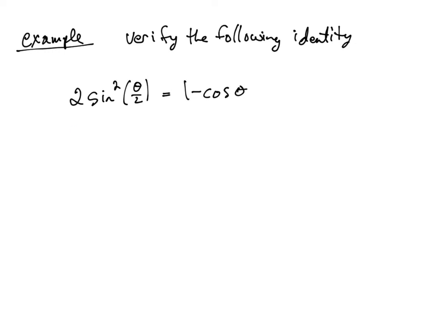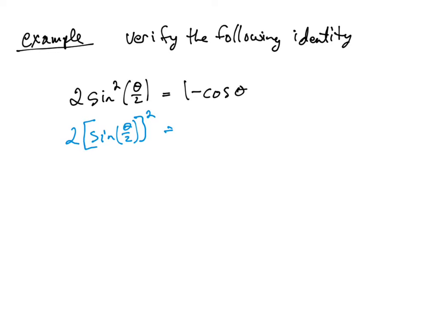Now what we need to realize is that this sine squared of theta over 2 is really just the same thing as sine of theta over 2, squared. So for sine of theta over 2, we can use the half angle identity here.